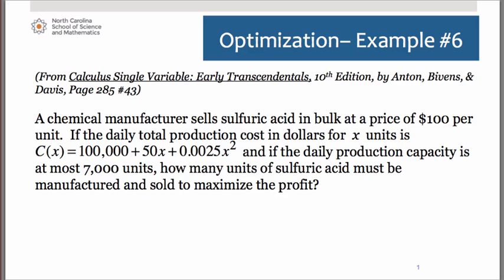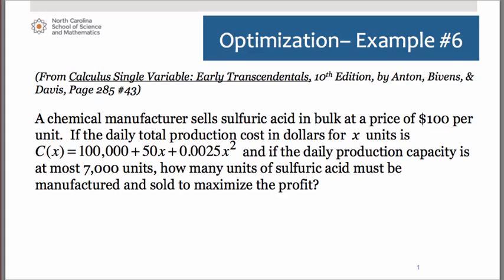If the daily total production cost in dollars for x units is C for cost, equaling 100,000 plus 50x plus 0.0025x squared, and if the daily production capacity is at most 7,000 units, how many units of sulfuric acid must be manufactured and sold to maximize profit?